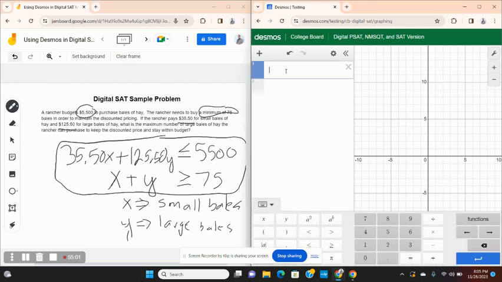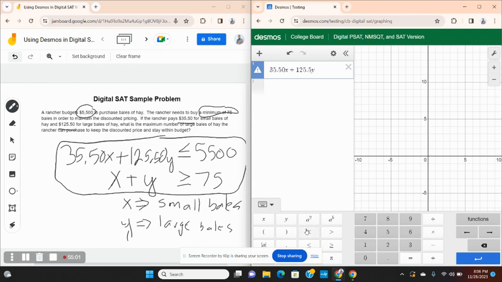We go to our Desmos screen, and the nice thing is we can input these inequalities the way we see them. So we would type in 35.50x plus 125.50y. We could also put the inequality here.